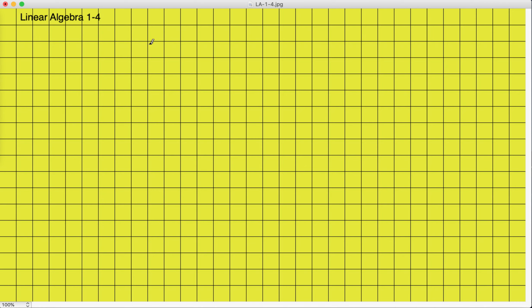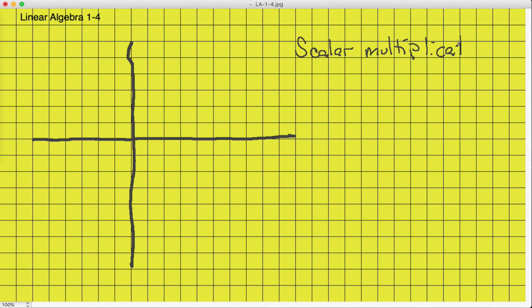So let me come over here again, draw some axes. So the idea and what I'm going to describe to you has a name. It's called scalar multiplication. And the idea is basically this.